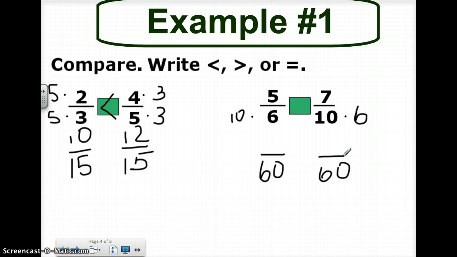And with 5/6, we multiplied the denominator by 10. Let's do the same to the numerator. 5 times 10 is 50. And with 7/10, we multiplied both the numerator and the denominator by 6. 7 times 6 is 42. Now you can use your comparison symbol. 5/6 is greater than 7/10.